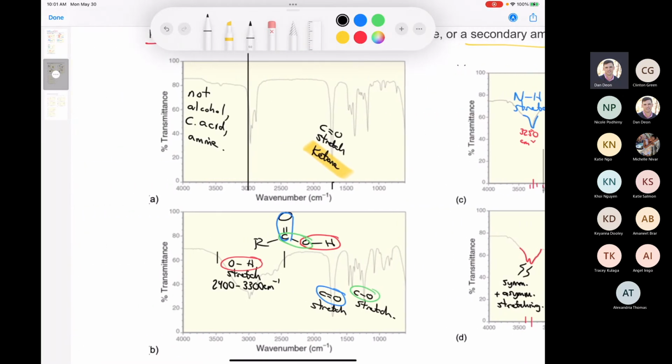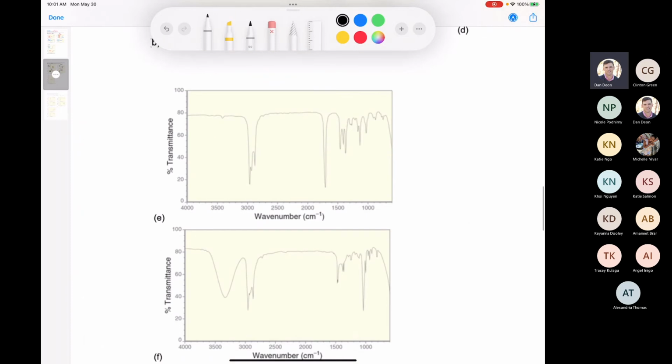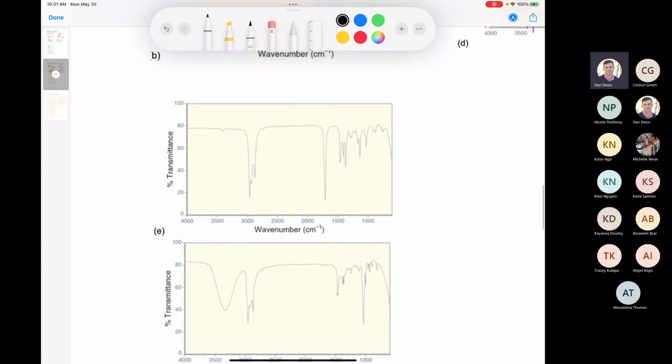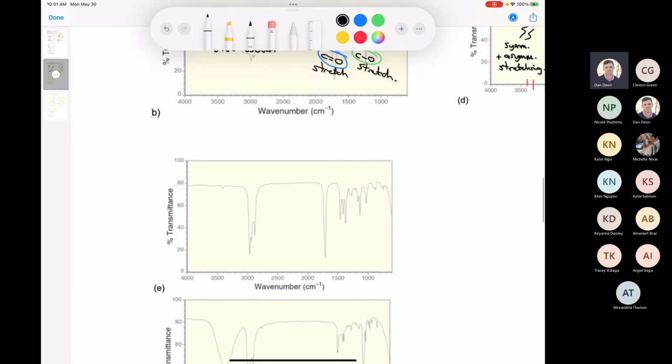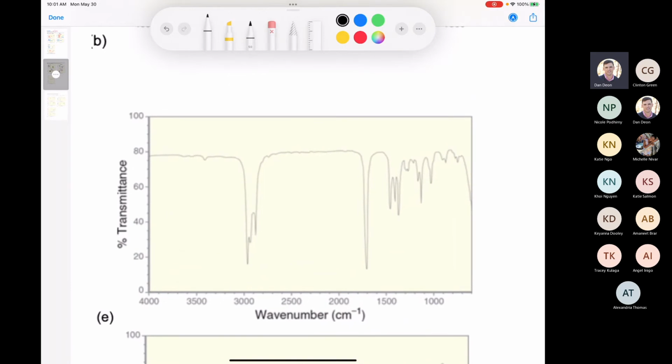All right, let's move on to the last one here. Oh, no, there's two more. So what do you think of E? What functional group might there be in E? Anybody have an idea? If we draw a line here, 3,000, we can see there's no absorbances up here.